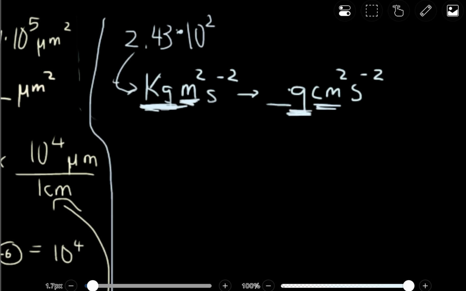We can worry about meters squared later because it's just 1 meter squared to 1 centimeter squared. So that has nothing to do with our complicated number here. So we'll just convert kg to grams first, which is going to be multiplied by 1,000 to get grams, which is going to bring us to this.